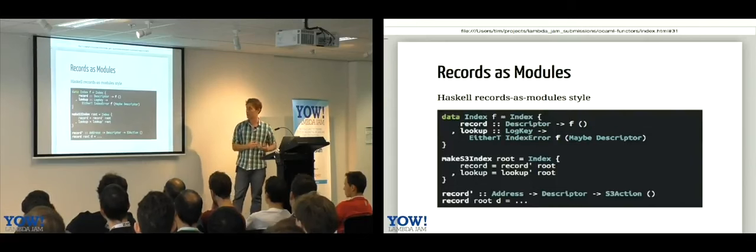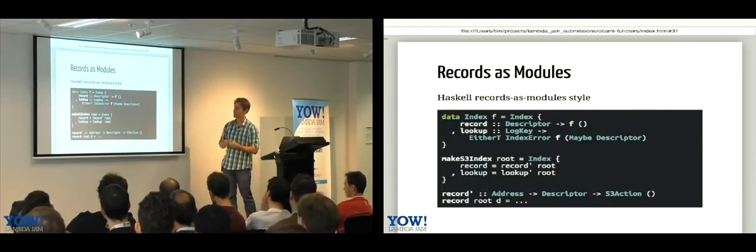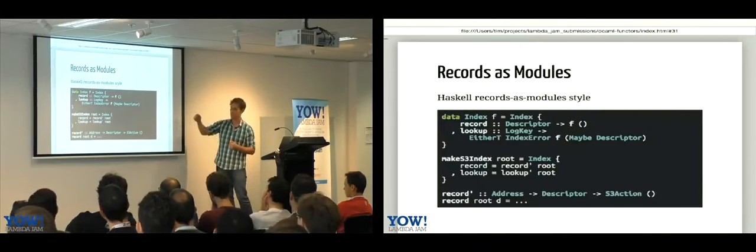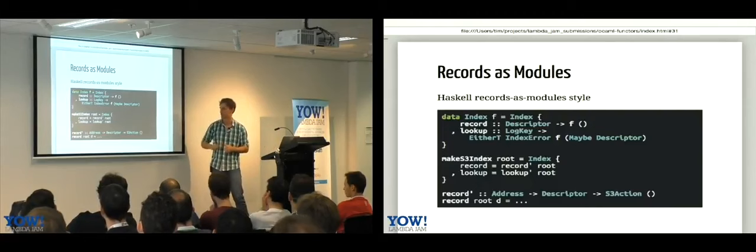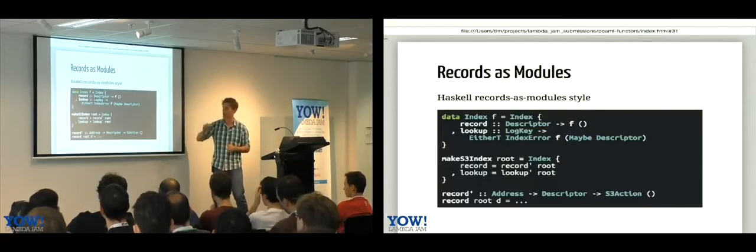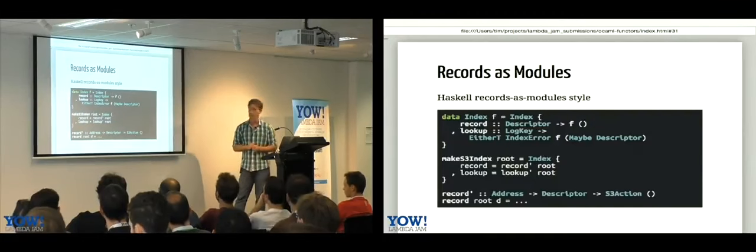And then somewhere else now in our code, we've got somewhere where we want to talk to S3 for this. So we create an instance of index, and we put in the functions that we know that work for S3. And this is sort of part of a record instance, a record function that we've defined. So this is nice.